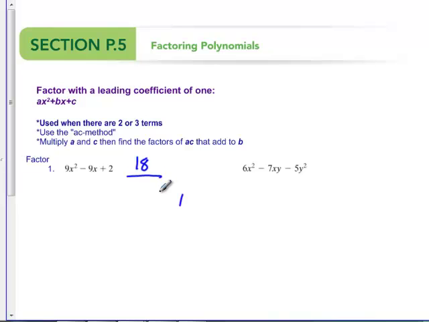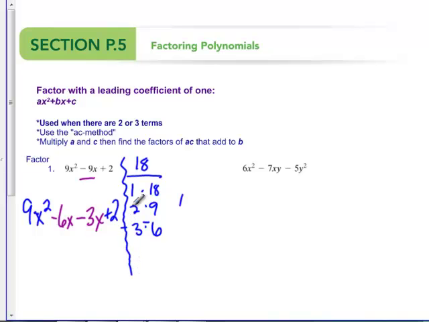Because they multiply to a positive, I know that the signs will be the same, and they'll both be negative because they added to a negative 9. So 1 and 18, 2 and 9, 3 and 6 works great, right? Both negative. So I'm going to keep my 9x squared, but instead of this minus 9x, I'm going to put minus 6x minus 3x. So I'm just rewriting that middle term, and then plus 2.